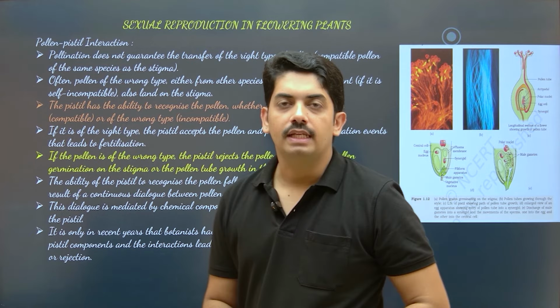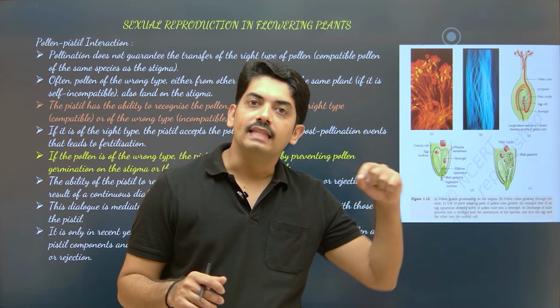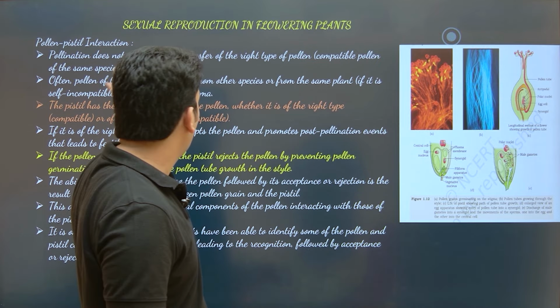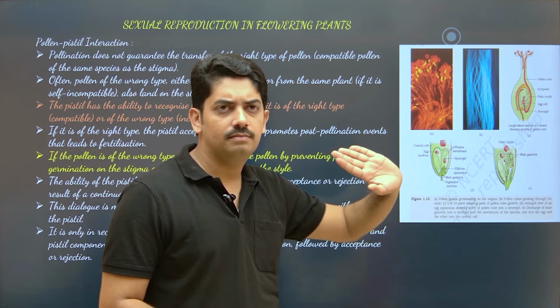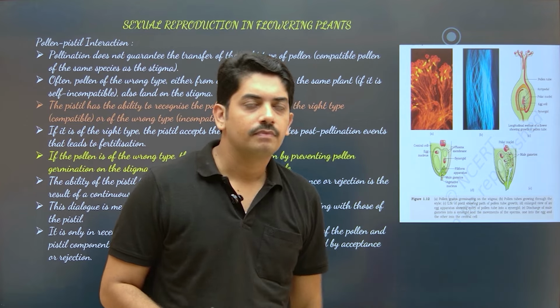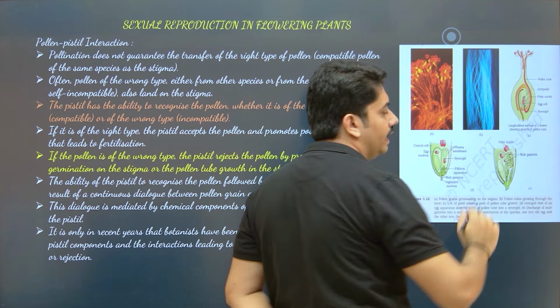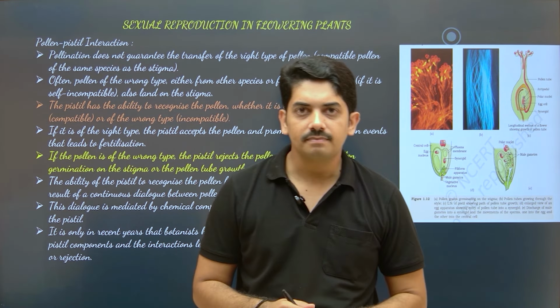Now the question is, what happens when the pollen grain lands on the stigmatic surface? That process we will study in pollen-pistil interaction. There are some pictures given here. Imagine hundreds of pollen grains depositing on the stigmatic surface.